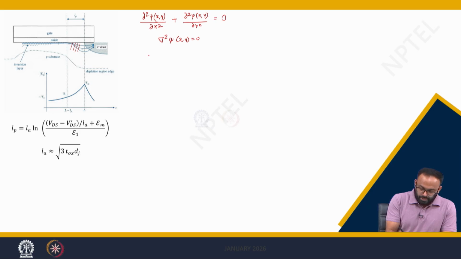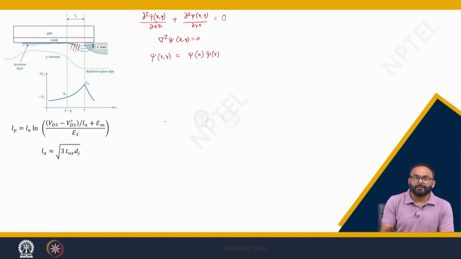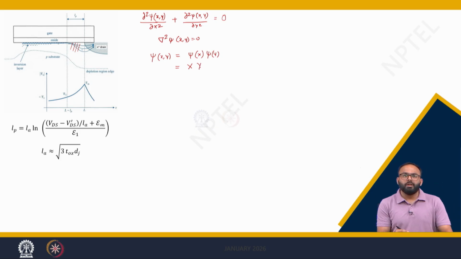So this equation can be rewritten by considering psi xy as two separate functions, one is a function of x and one is a function of y. So we can rewrite as capital X and capital Y, where capital X is a function of x only and capital Y is a function of y only.